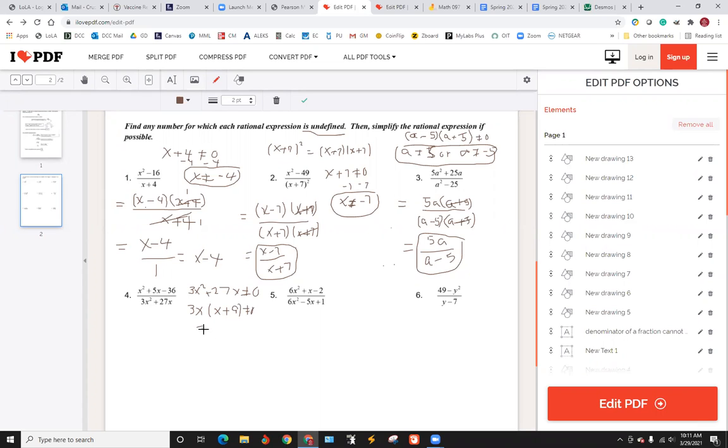So 3x can't be equal to 0, which means x can't be equal to 0, which is pretty obvious. Since there's x's in both terms, you put a 0 in there, it's 0. And then the other one is x plus 9 can't be equal to 0. So x can't be equal to negative 9. Second part.